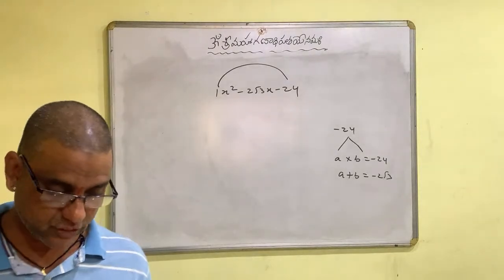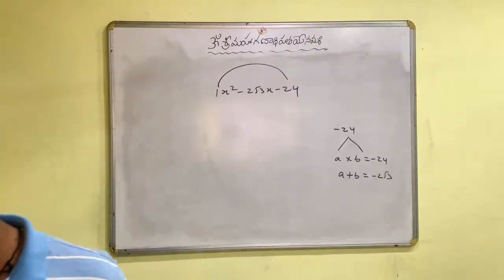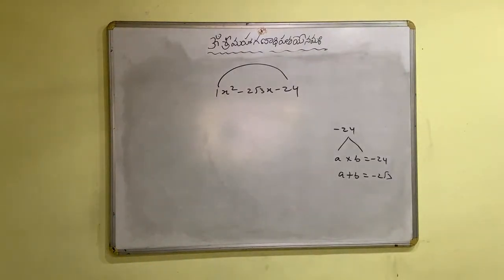Any idea, children, from your side? Your A is an irrational number and your B is also an irrational number, so that their product is negative 24 and sum is negative 2 root 3. Bashita, Ankit, there are some students who can think.